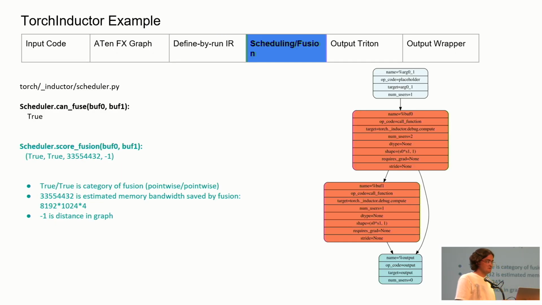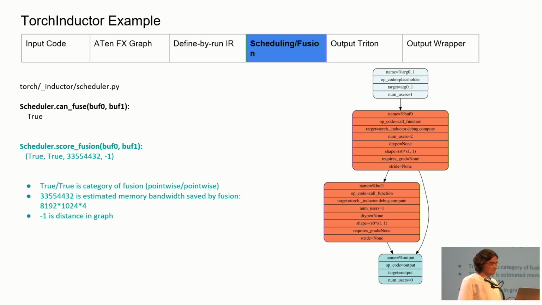So, scheduling and fusion. Scheduling and fusion decides what gets fused with what, along with memory planning, re-emplacing of buffers, and buffer reuse. On the left, we have this can-fuse function, which determines legality, which includes things like checking for cycles that would be induced, but also in some cases heuristics, like only fusing things that share memory.